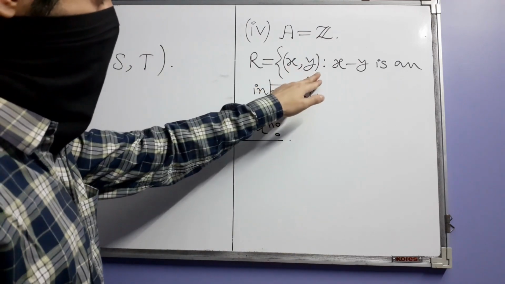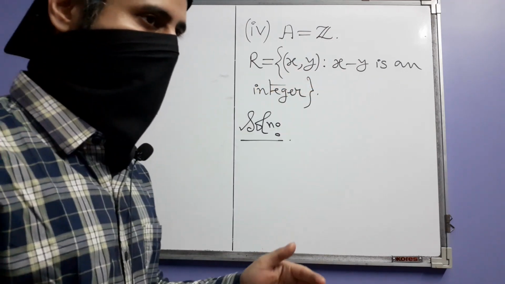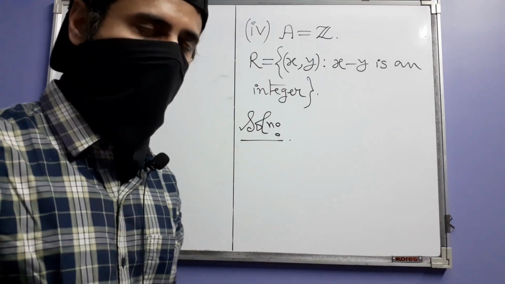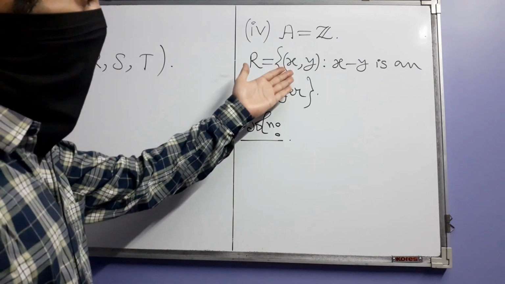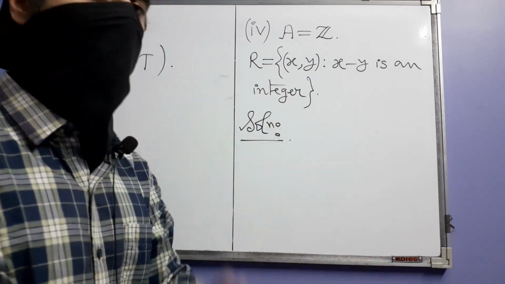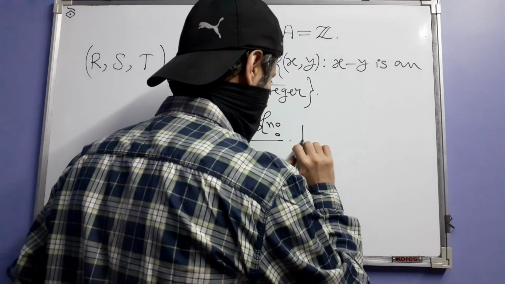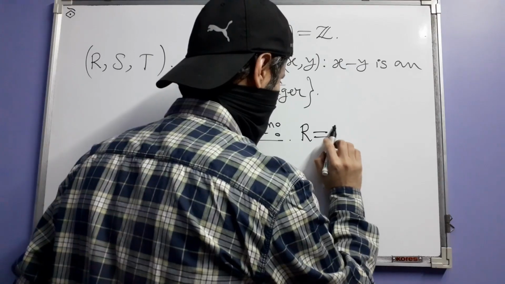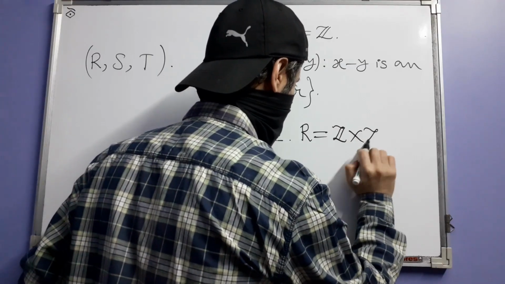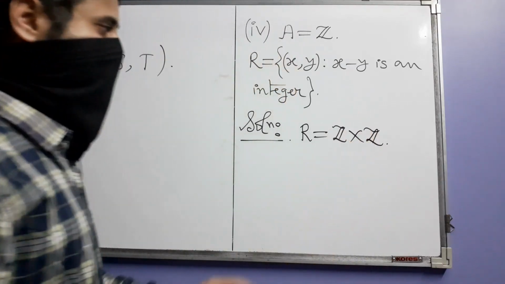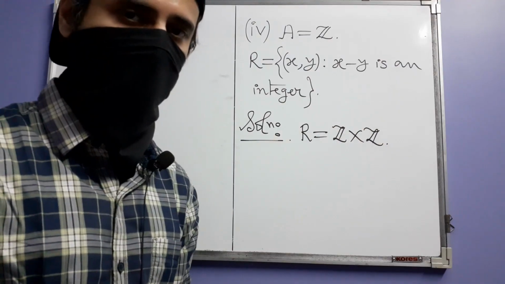You take any two integers, their difference is always going to be an integer, and that is why this relation relates every integer to every integer, including itself. And that is why this relation actually is the entire set Z times Z.